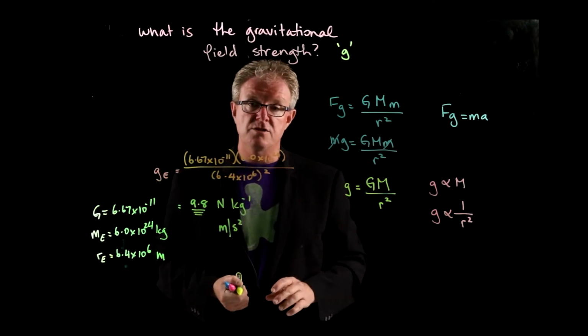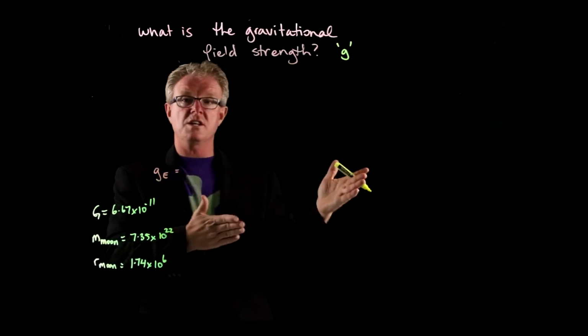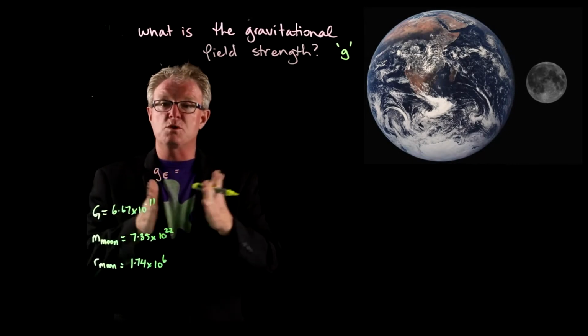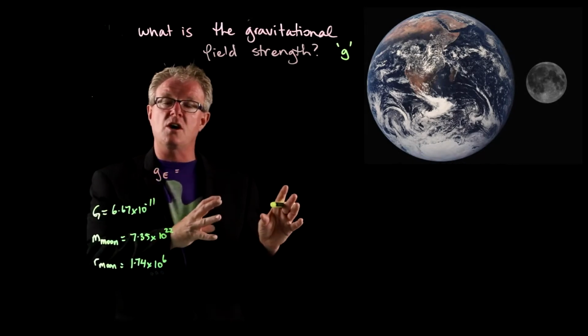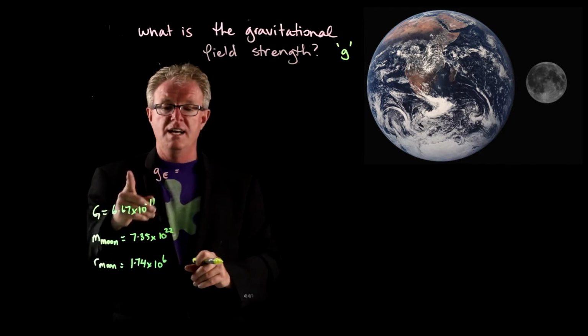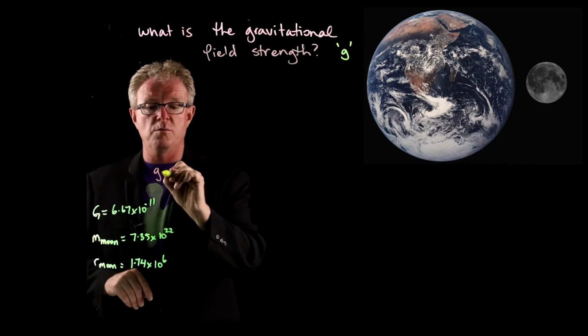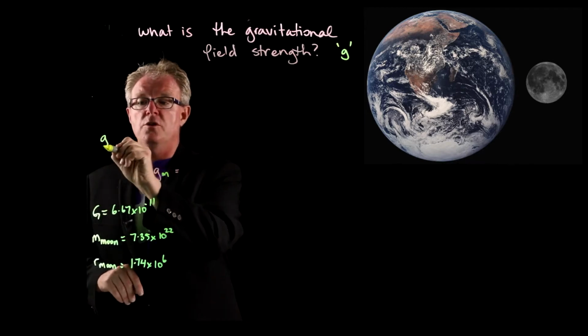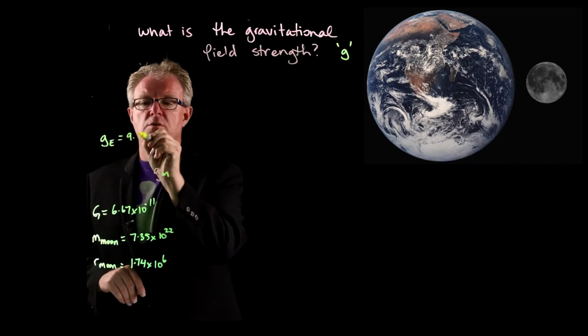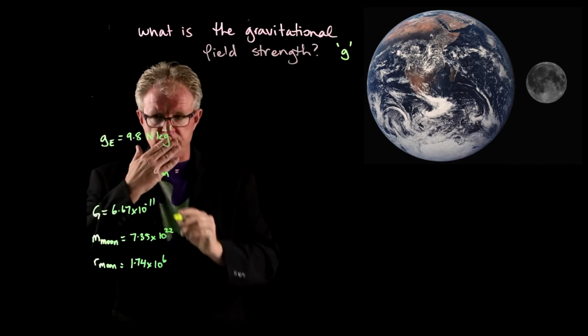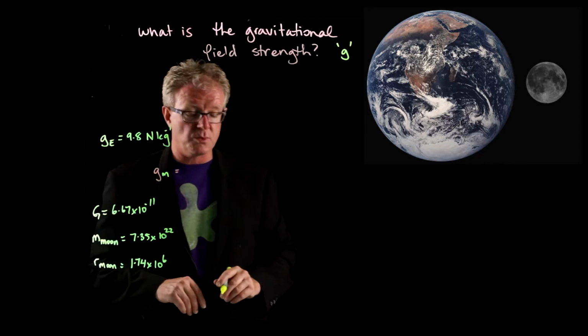Let's do a calculation for the Moon. You can see here the Moon and the Earth; obviously the distance between them is not to scale, but it gives you a size comparison. Let's do a calculation of g on the Moon. Remember that on Earth, it's 9.8 newtons per kilogram, or meters per second squared.